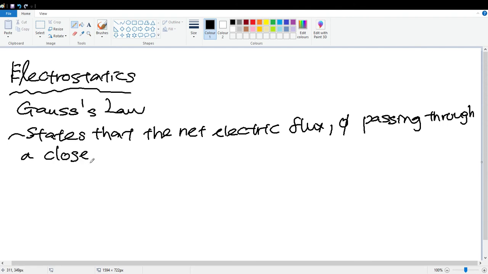A closed surface means the metal plates, for example, as we represented just now. A closed surface can be called the Gaussian surface.